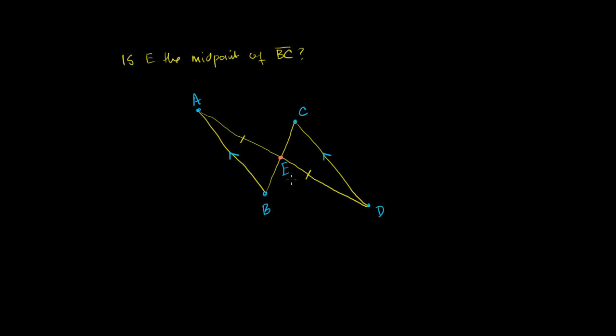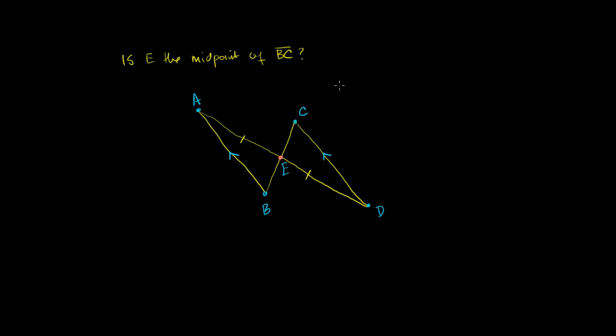So there's a bunch of things we know about vertical angles and angles of transversals. The most obvious one is that we have this vertical. We know that angle AEB is going to be congruent, or its measure is going to be equal to the measure of angle CED.